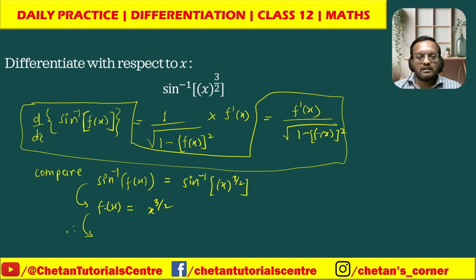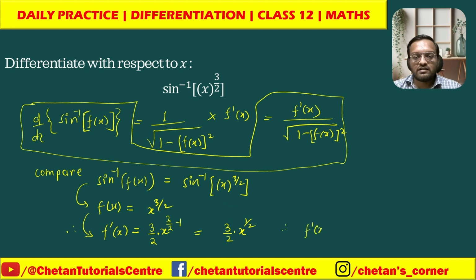Now I will differentiate f of x with respect to x and find the value of f dash of x, which is equal to derivative of x raised to 3 by 2, that is 3 by 2 x raised to 3 by 2 minus 1. 3 by 2 minus 1 will give me 1 upon 2.